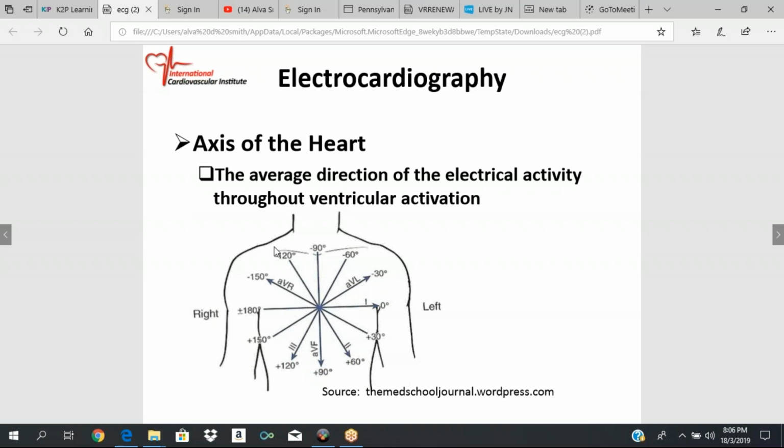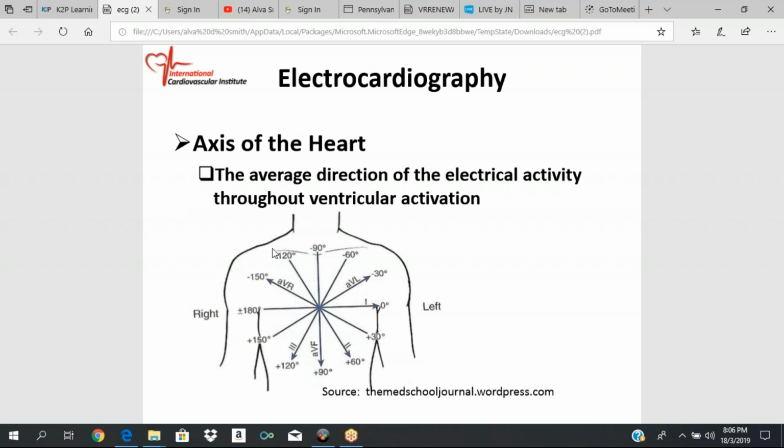Remember when we said that the pacemaker of the heart is the sinoatrial node, or the sinus node, and the sinus node is located at the junction of the superior vena cava and the right atrium. It's very tiny, specialized conduction tissue, and we call that the sinoatrial node.